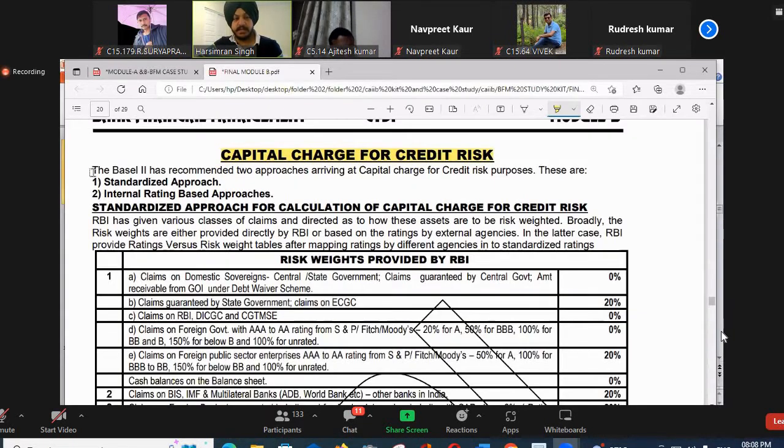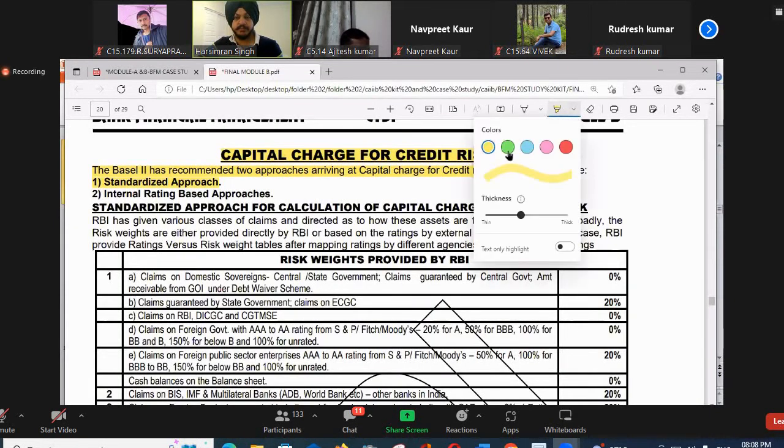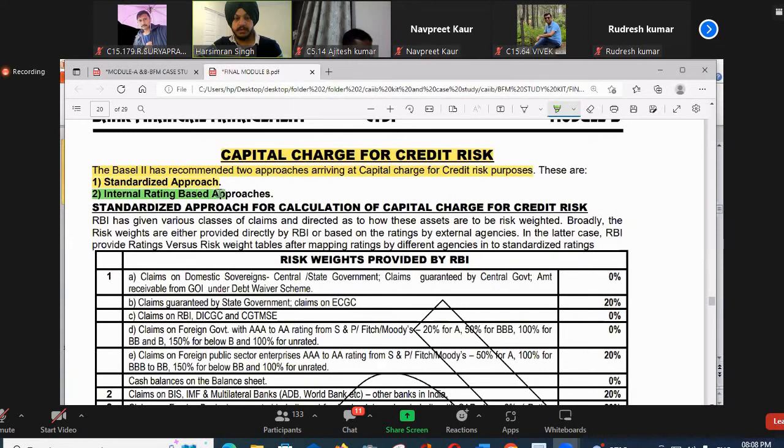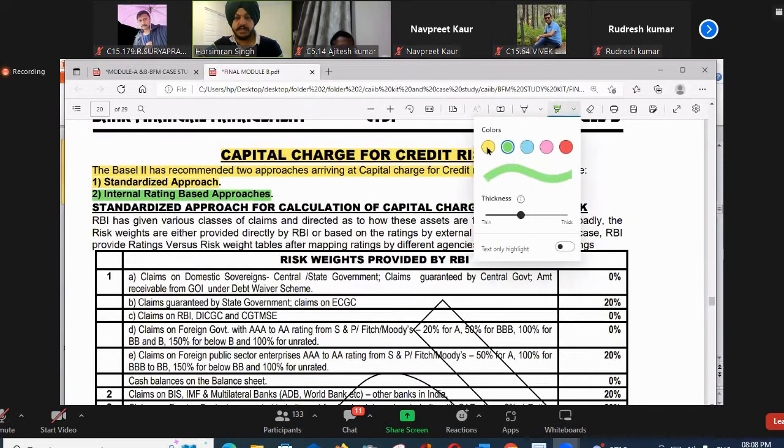If you see this line, this you have already noted, Basel II has recommended two approaches for arriving capital charge for credit risk purposes. First is standardized approach. Second is internal rating based approach. Now first let us see what is the standardized approach.